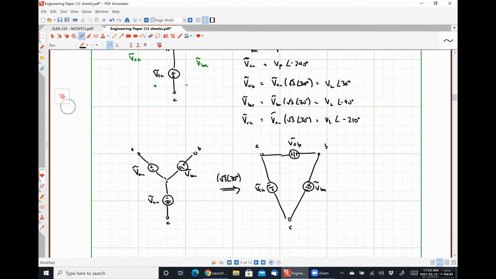I can go from a Y to a delta fairly trivially, right?